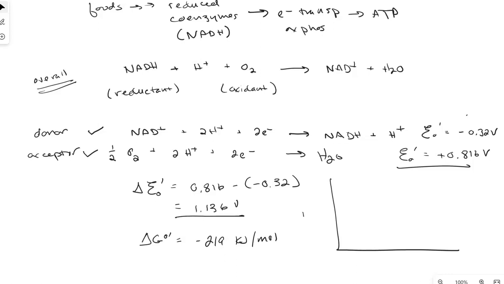If we think about energy on this axis and reaction progress on the y-axis, we're used to seeing diagrams like this. I keep going back and forth to them. However, here we're starting with high energy electrons, and we want to take them to lower energy.